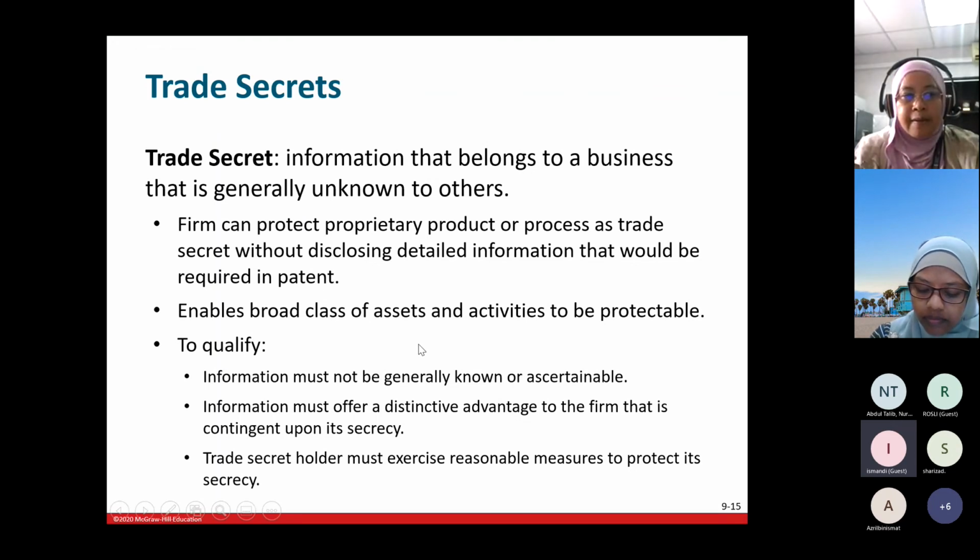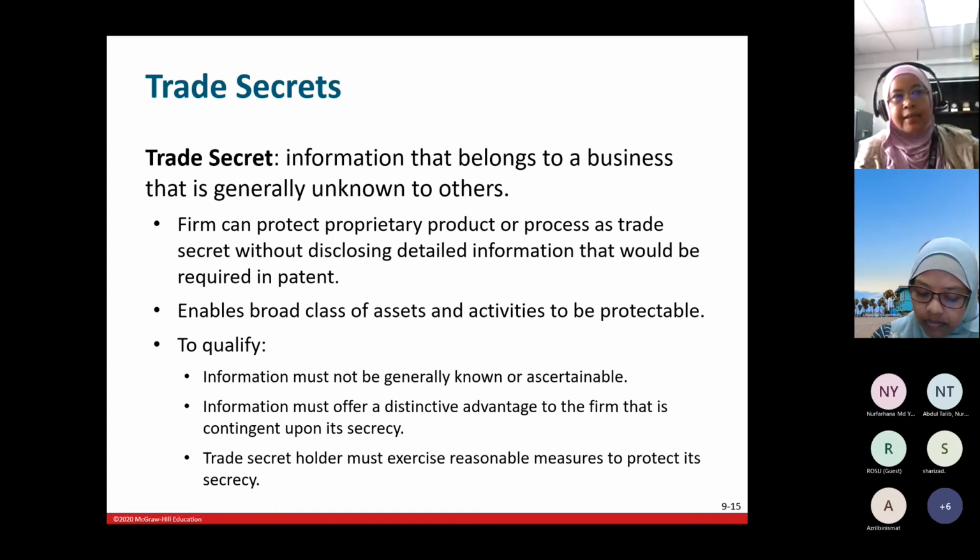Like in Malaysia, you have to register under MyIPO. So if in Malaysia, for example, my friends already have a soilless waste for planting vegetables.